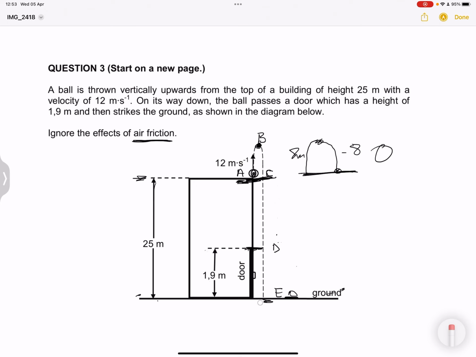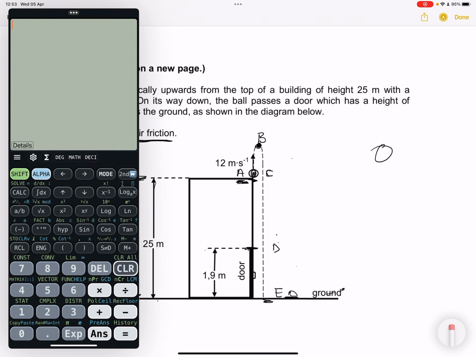So in this case, what we're simply going to do is just take the difference there. 25 subtract 1.9, that should give us 23.1. Okay, some of you don't believe me.